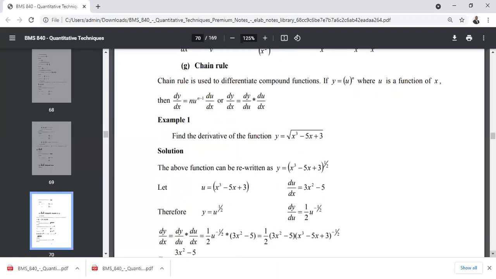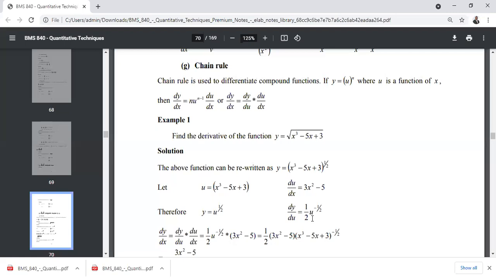So if that is the case, then our u is x cubed minus 5x plus 3. So our function of y in u terms will be y is equal to u raised to a half. So that when we differentiate, we multiply by a half, then we minus 1 to get negative a half.